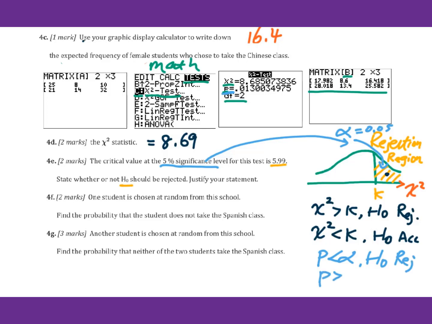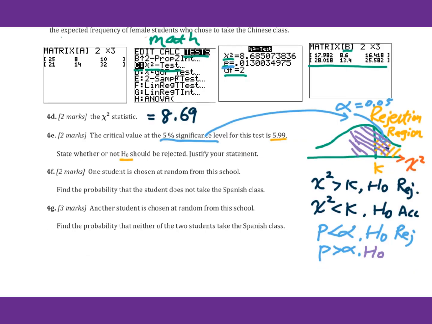When P is greater than alpha, which means the area will be greater than the given area, in other words, it won't fall on the rejection region. So H0 is accepted.